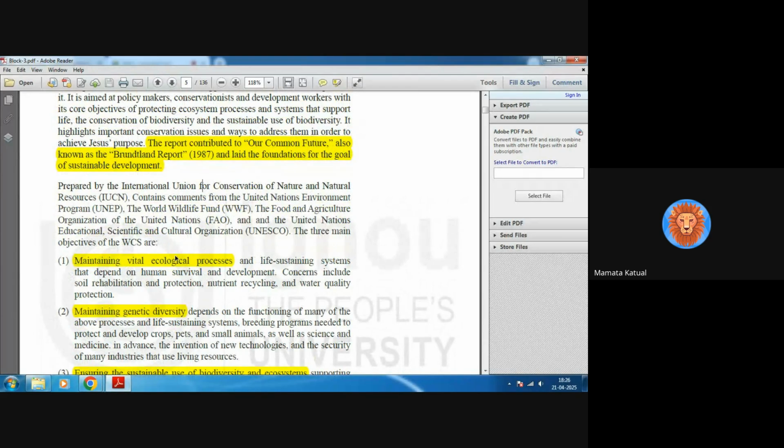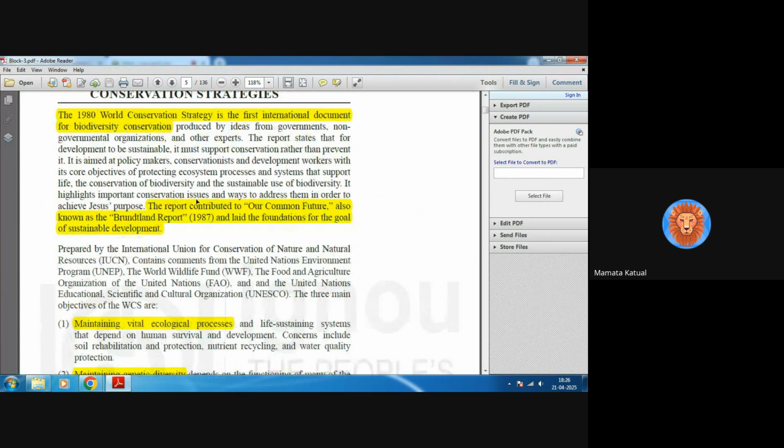There are three main objectives of WCS, the World Conservation Strategy.